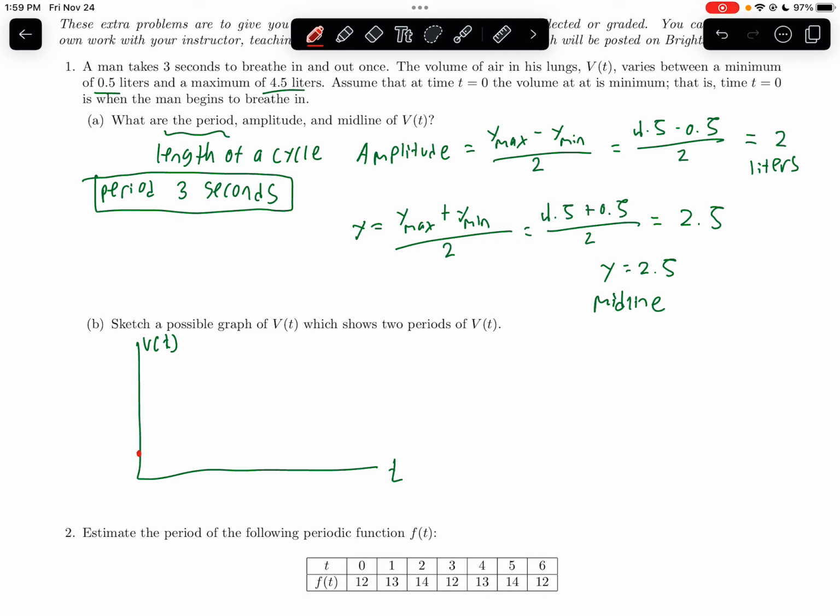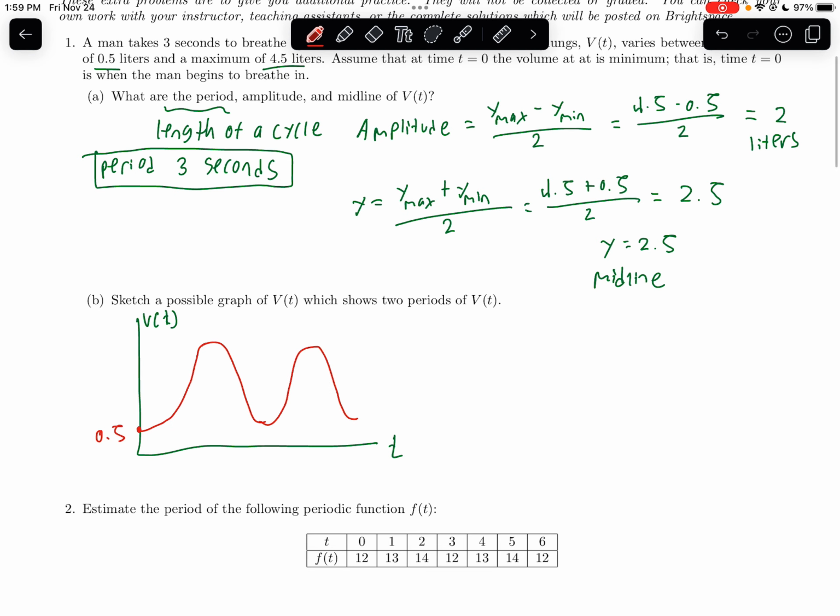So here we have 0.5, that's the minimum, and the function starts from this point, and then it goes up from here to the maximum value, and then it goes back down, and that's 1 cycle, right? Because you're back where you started, and then you do that again, making a somewhat decent graph, like this.